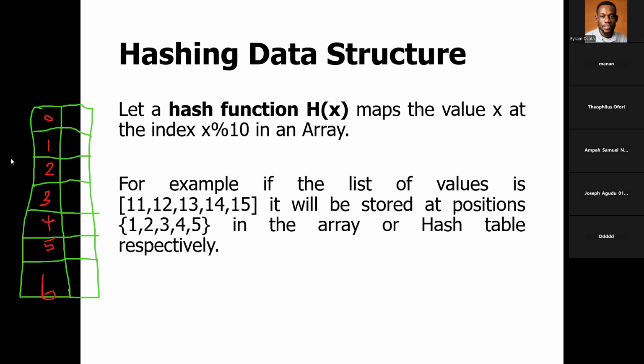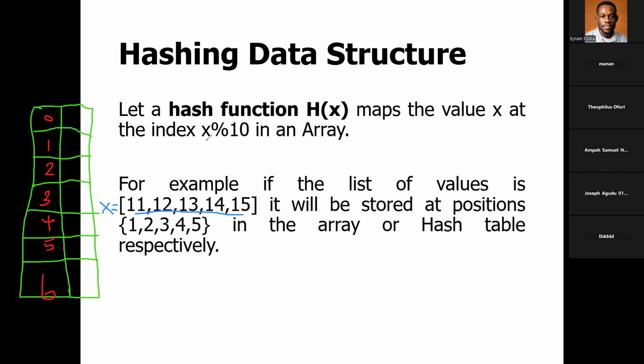Then we've been given a function. The function is supposed to map x, where x is your given value. The values we have here, in a different color, are your x values.